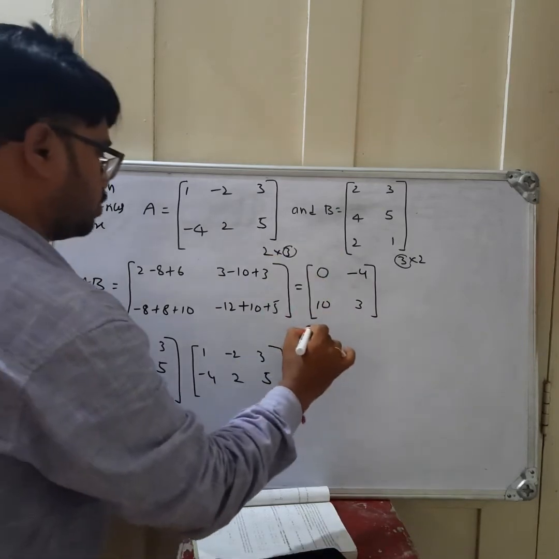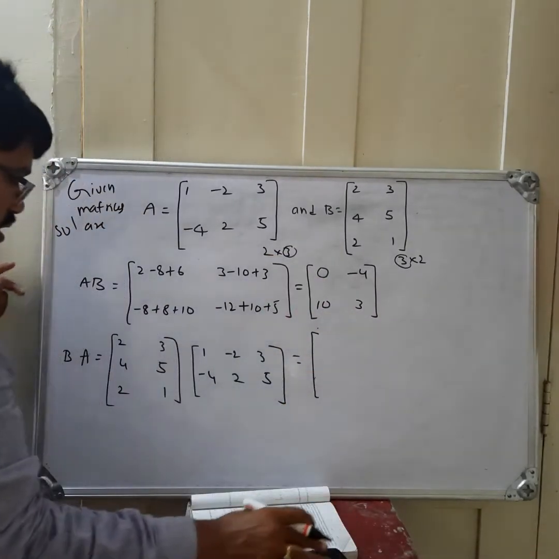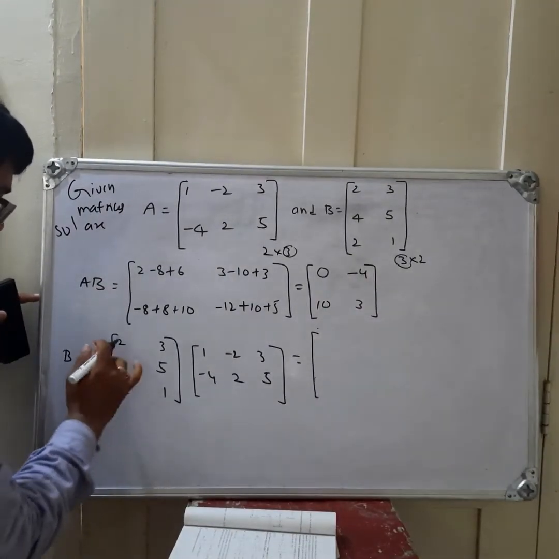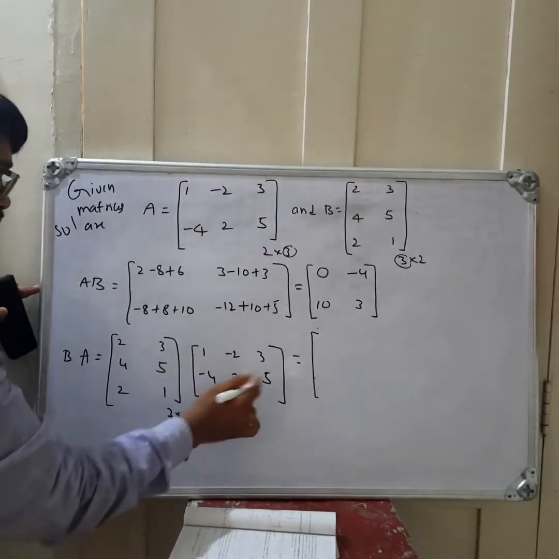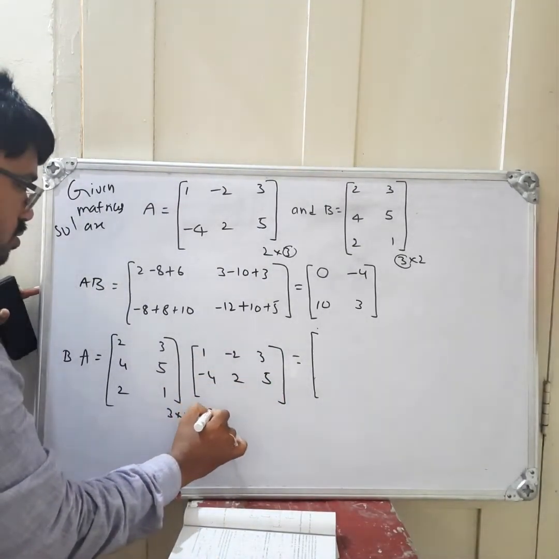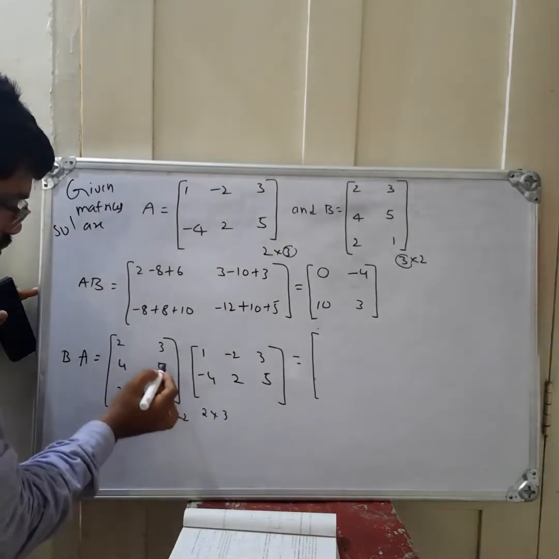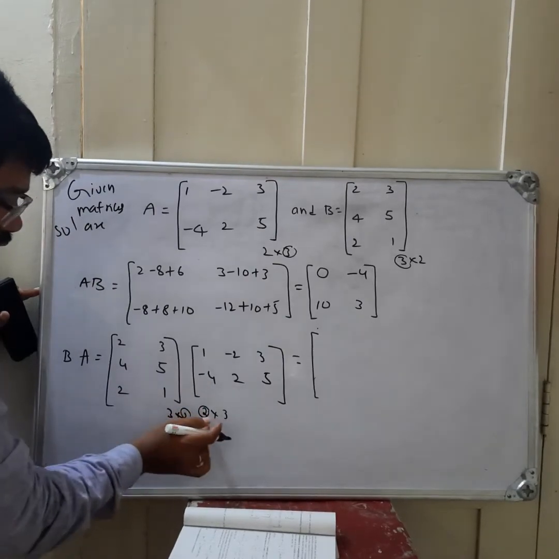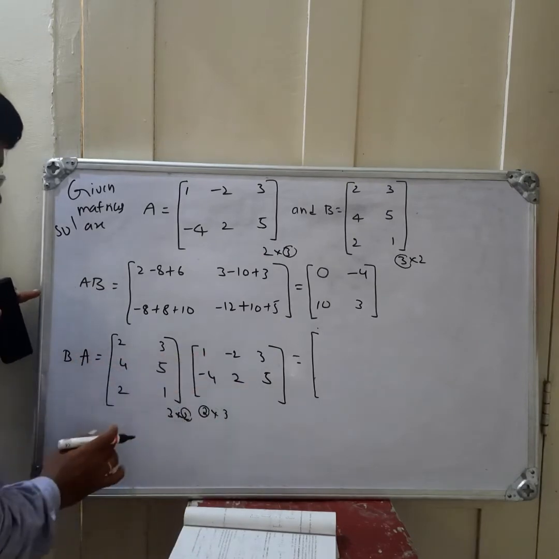You have to multiply these two matrices. What is the order of the first matrix B? This is 3 by 2. And what is the order of this A matrix? This is 2 by 3. So the number of columns in the first matrix equals the number of rows in the second matrix. So both are equal, then matrix multiplication is possible between these two matrices.